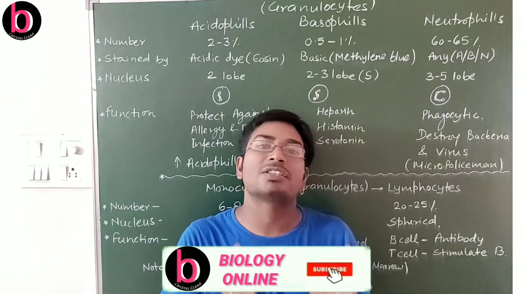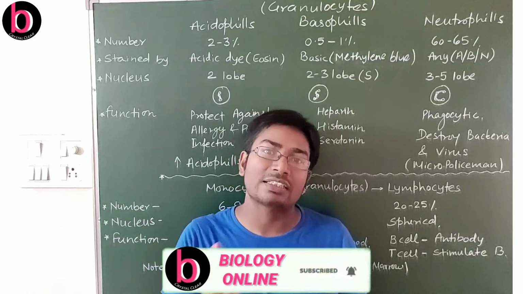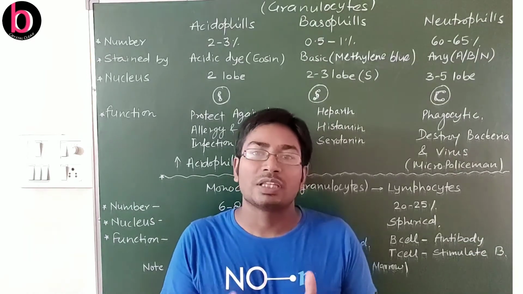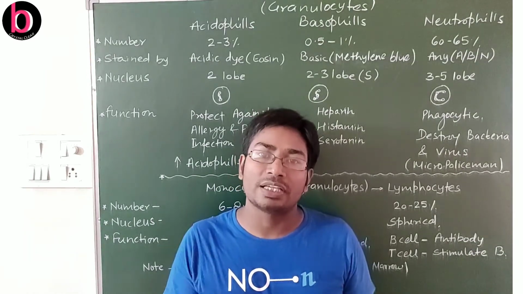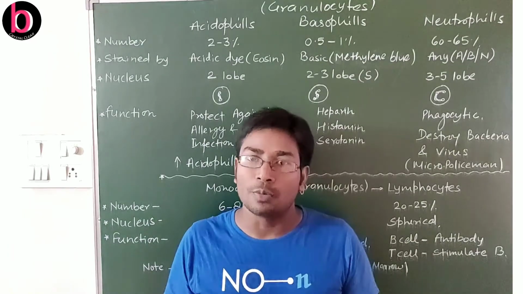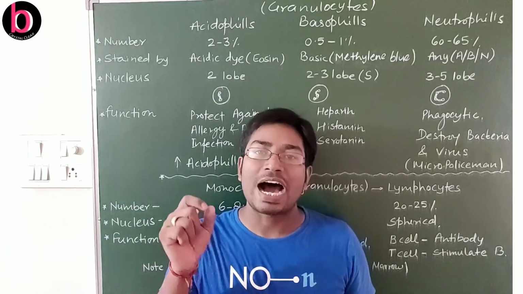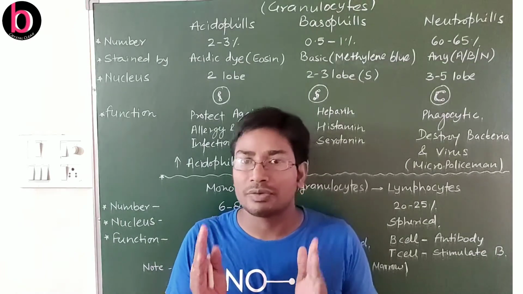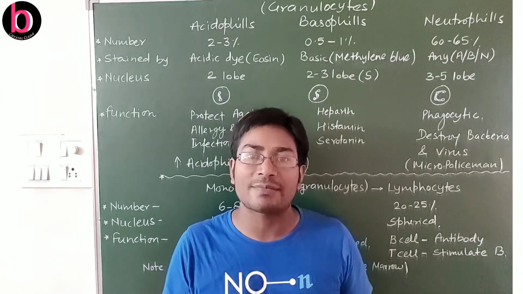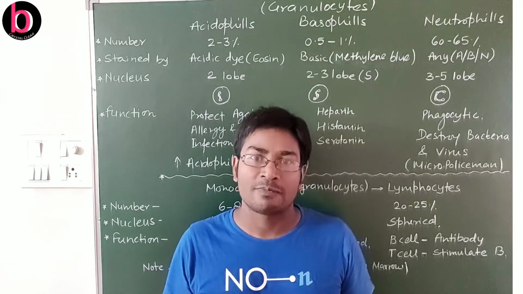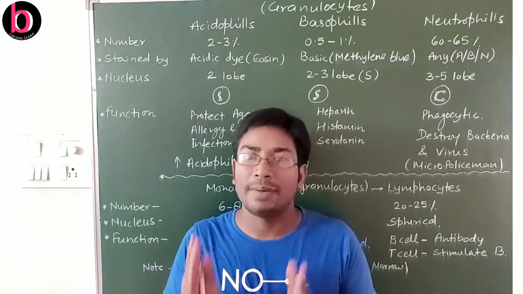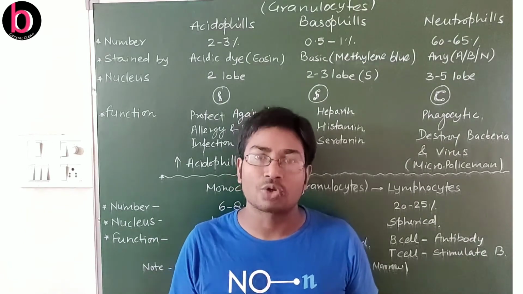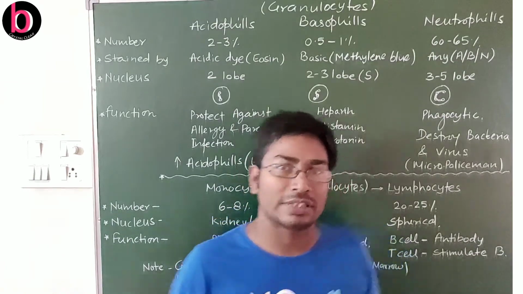Under granulocytes there are three categories, and this is on the basis of their nuclear lobes, how many lobes there are in their respective nucleus. On that basis there are three types of granulocytes: acidophils, basophils and neutrophils. So first about that one.